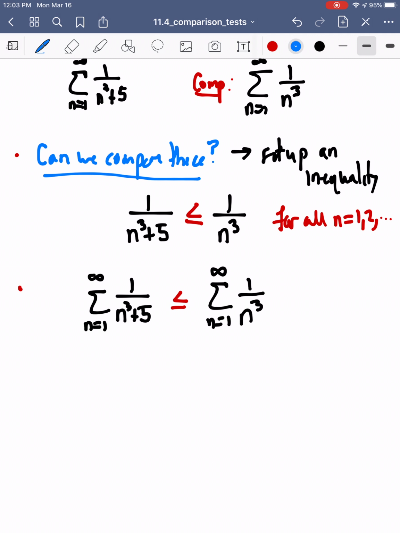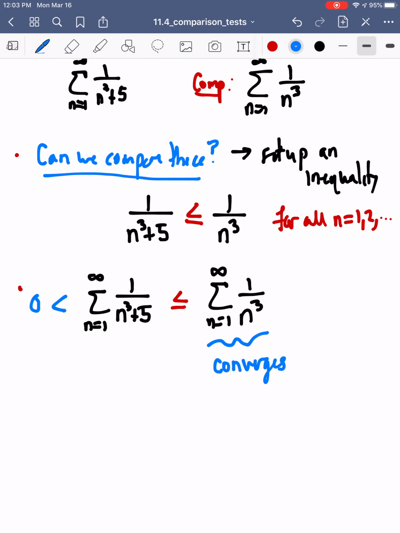And here's the interesting thing. We know something about this series on the right-hand side. We know that this converges. The other thing we know is this series on the left-hand side has to be greater than 0.